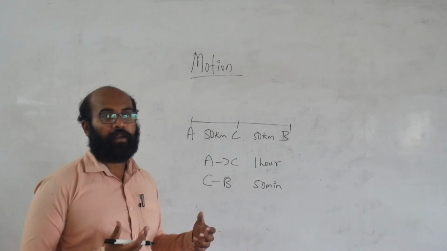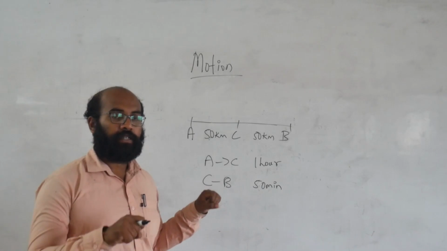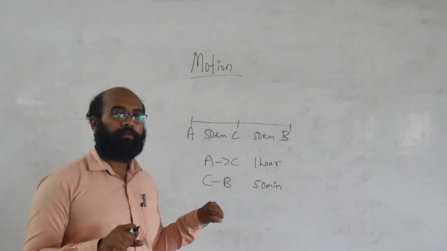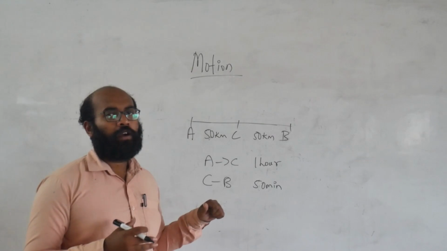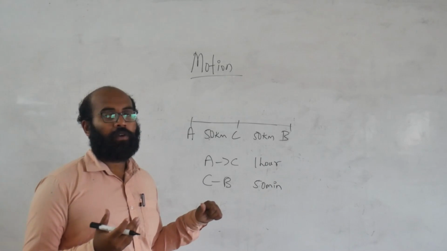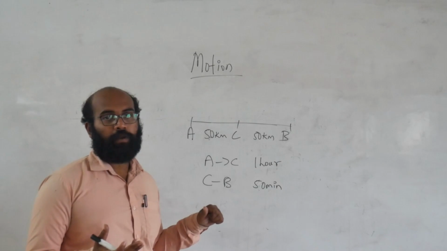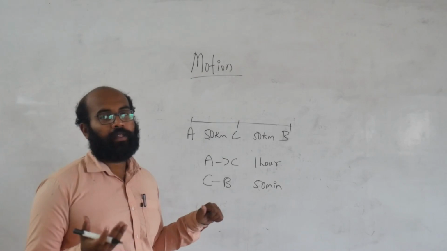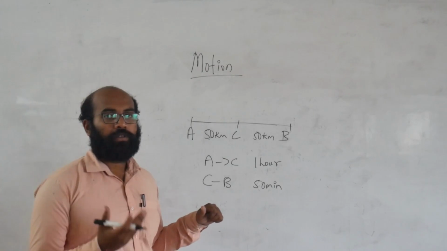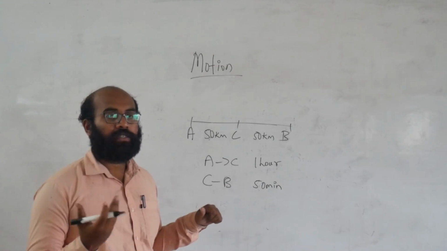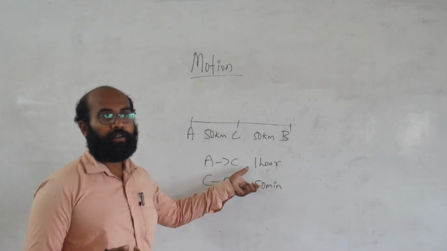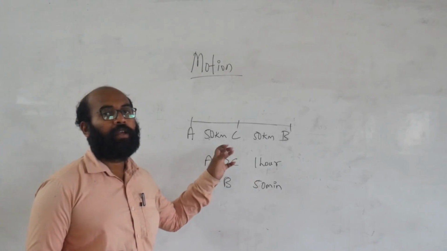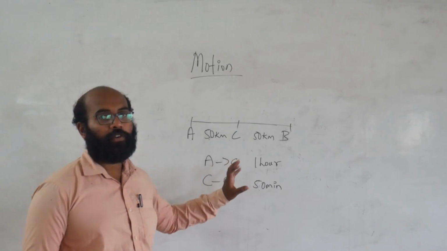Even when you are going on a bike, you can't keep the accelerator constant, so it will vary, and the time required will vary because of different factors. It might be because of the road. If the road is good, you will travel with some speed. If the road is not good, then obviously the speed will reduce. So there is variation in the time required. Hence, the object is said to be traveling in non-uniform motion.